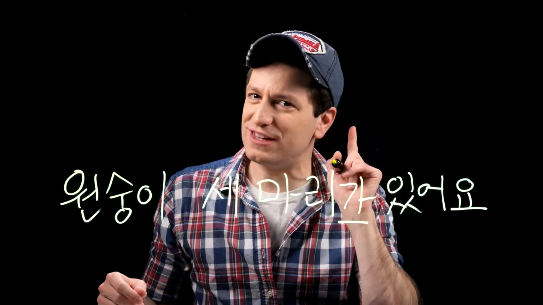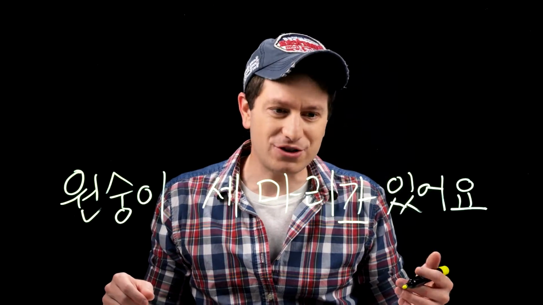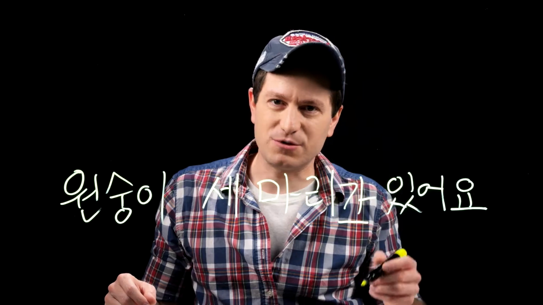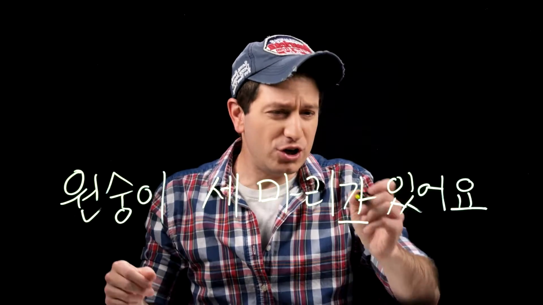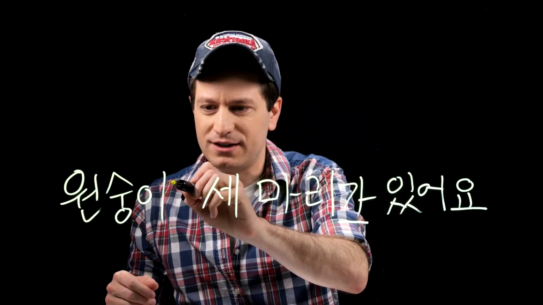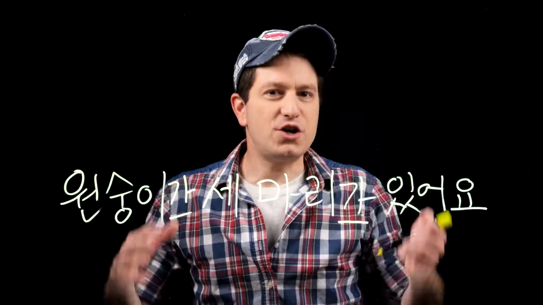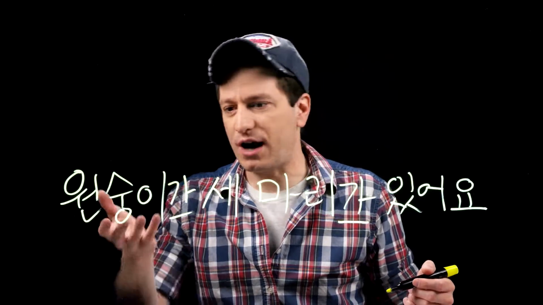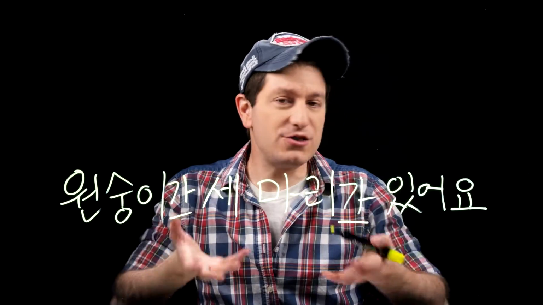In fact, this is one of the first major mistakes that I commonly see when people are using counters, is overusing the subject marker. So we have 원숭이 세 마리가 있어요, or you could have moved this over here and said 원숭이가 세 마리 있어요. So you can either put the subject marker after the noun that you're using, or you can put it after the counter, and they're both correct.